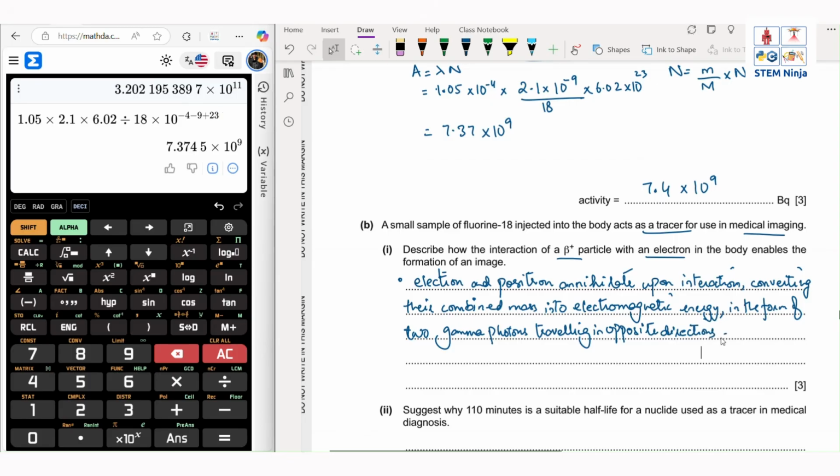Okay, now this is like 2 points combined into one, like how they annihilate, they convert their combined mass into energy, which is in the form of two gamma photons traveling in opposite directions.